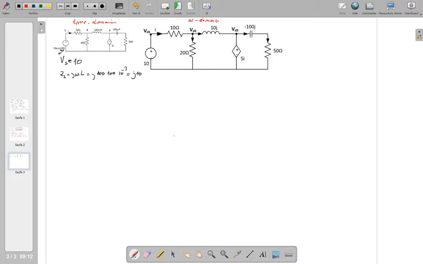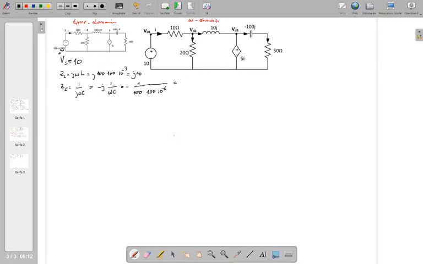And the impedance of a capacitor is 1 over j omega C. If you move that j upwards, that means multiplying denominator and numerator by j, you're going to end up with minus j times 1 over omega C. We already said omega is 100 and C is 100 microfarad. 100 micro is 10 to the power minus 6.